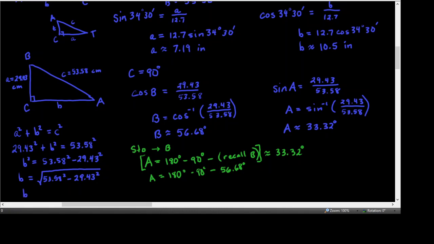Type that in. And you might want to pause and type that in and make sure you get the right answer. I got 44.77 using 4 significant digits. And the units of measure for the sides is in centimeters.